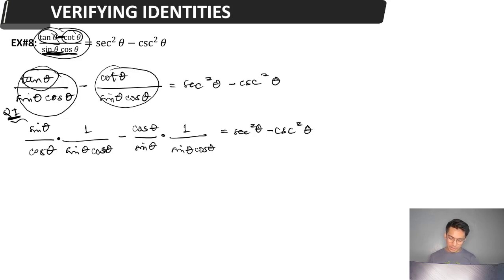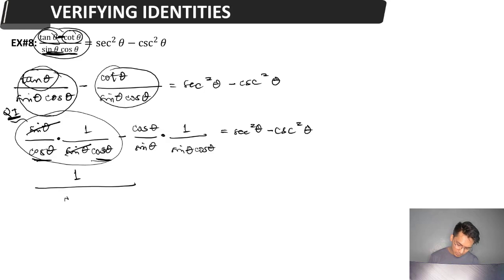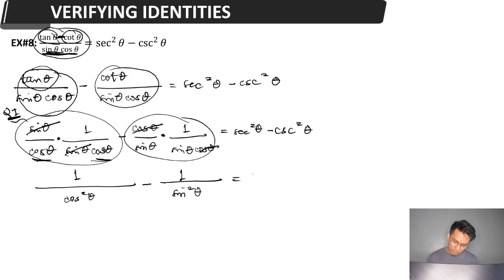Ngayon, pwede tayo makapag-cancel na dito. Dito sa part na ito, pwede natin cancel yung sin theta. Ang matitira is 1 over cosine theta times cosine theta is cosine squared theta. Minus, pwede natin cancel dito yung cosine theta, and this is 1 over sin theta times sin theta is sin squared theta is equal to secant squared theta minus cosecant squared theta.